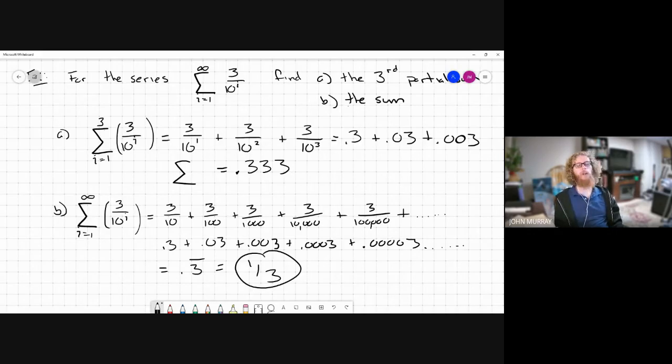So the infinite sum from 1 to infinity of 3 over 10 to the i eventually adds up to 1/3. So it's pretty interesting, I think, because we get an infinite string of numbers that adds up to some fraction that's less than 1.